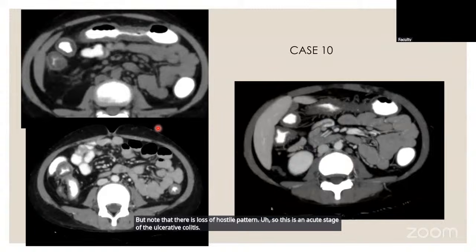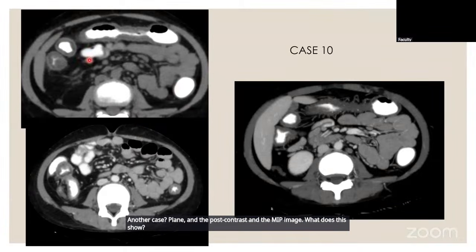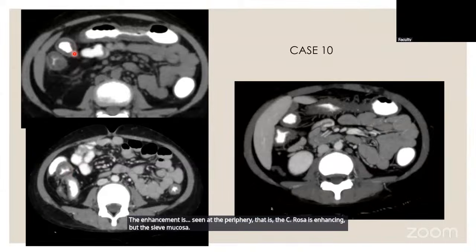Another case, plain and the post contrast and the MIP image. What does this show? The right-sided colon is showing a wall thickening. How is the enhancement? The enhancement is seen at the periphery, that is the serosa is enhancing, but the submucosa is showing hypoenhancement, and this is submucosal fat.